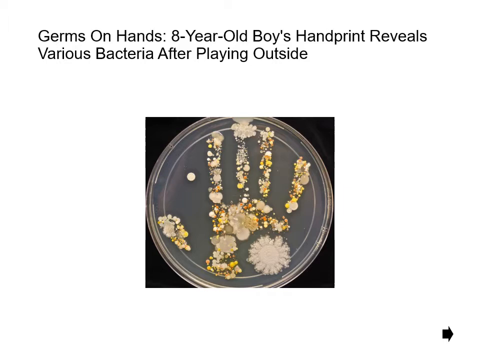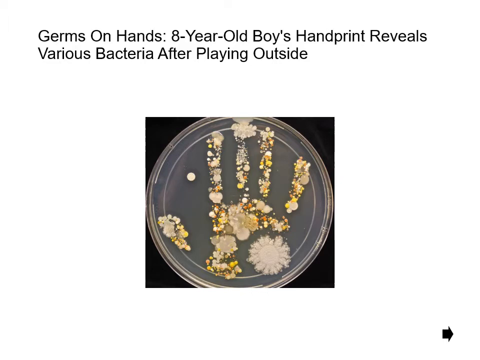What you can see here are small dots on top of that plate, and all of these have different colors, shapes, elevations and morphology, as you have been introduced to these new terms in the previous lecture. What I wanted you to appreciate from this slide is that this child has these microbes, mainly bacterial microbes, on his hand, which is totally normal and accepted for a child who is playing outside.